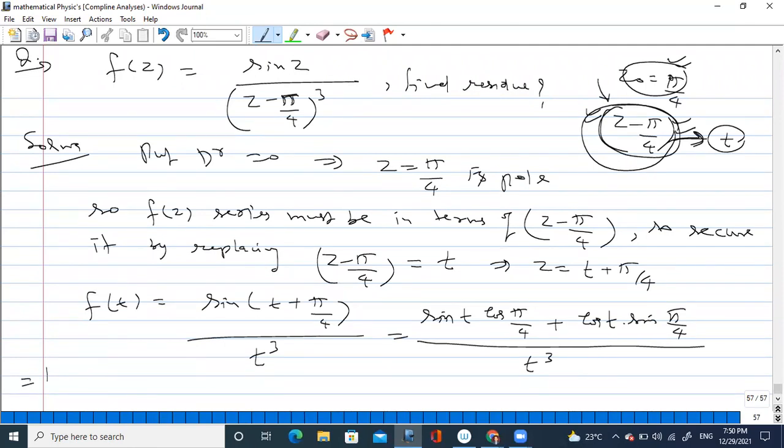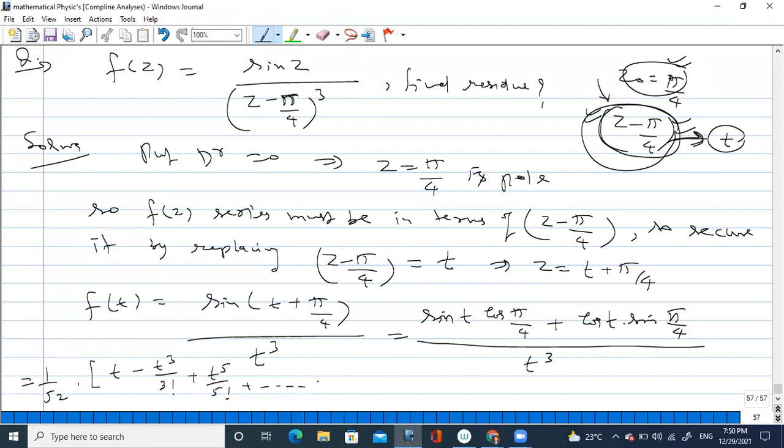So it will be 1 by root 2 into the sine series, which is t minus t cube by factorial 3 plus t to the power 5 by factorial 5 plus dot dot dot.